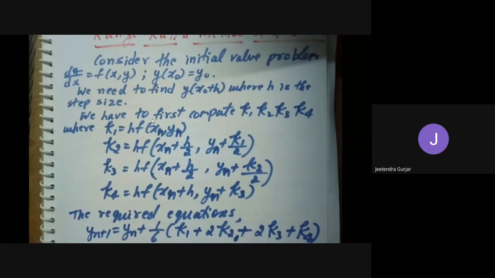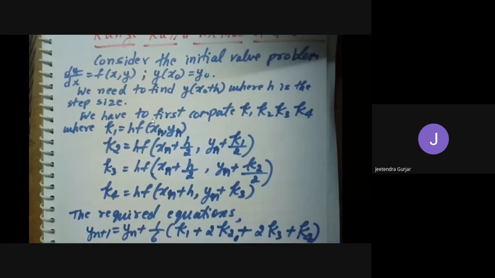So remember this. We have to first compute k1, k2, k3, k4. Students, start repeating the formula, start remembering the formula. k1 is equal to h f of x n, y n. k2 is equal to h f of x n plus h upon 2 comma y n plus k1 upon 2.